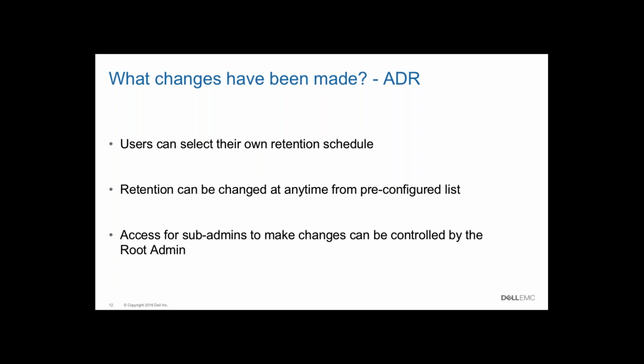So that is quite a large increase in terms of the distance that you can go back into the past to restore a particular file. This can be changed at any time by selecting from a pre-configured list of policies within the admin console. And admins themselves can control sub-administrators' access to retention management via a new retention policy management capability.